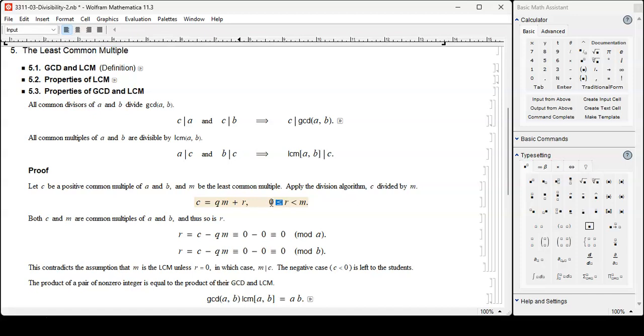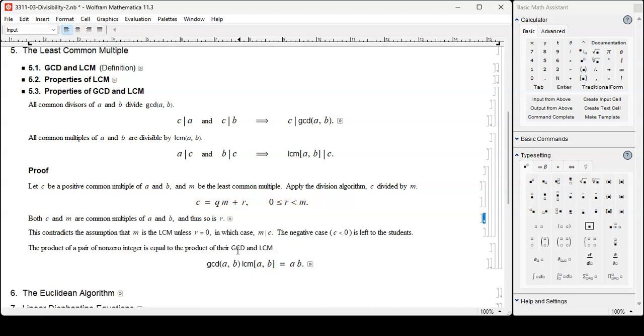Therefore, R should be 0. If R is not 0, then there's a contradiction. You get a common multiple that is less than the least common multiple. All right? So R has to be 0, and therefore M divides C, and isn't that what we wanted all along?